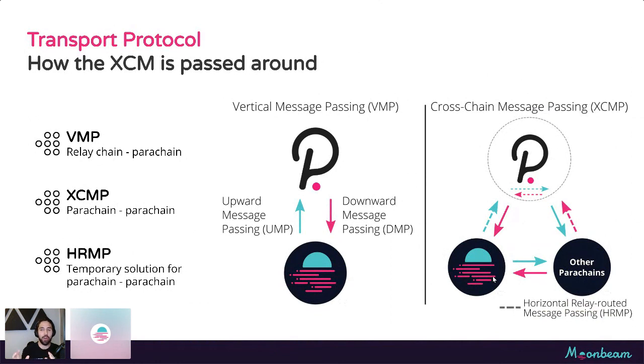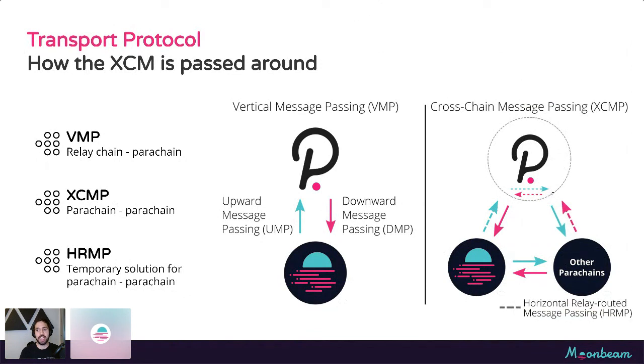In this case, the relay chain only acknowledges that a message was passed by storing, I think, a hash of the message on the relay chain block. However, the full XCM implementation is not yet ready. So there is a stopgap solution called HRMP, which is horizontally relay-routed message passing. The idea is that the message, instead of being sent from one collator to another, is sent from the origin parachain to the relay chain, which stores the full copy of the message on the relay chain block.